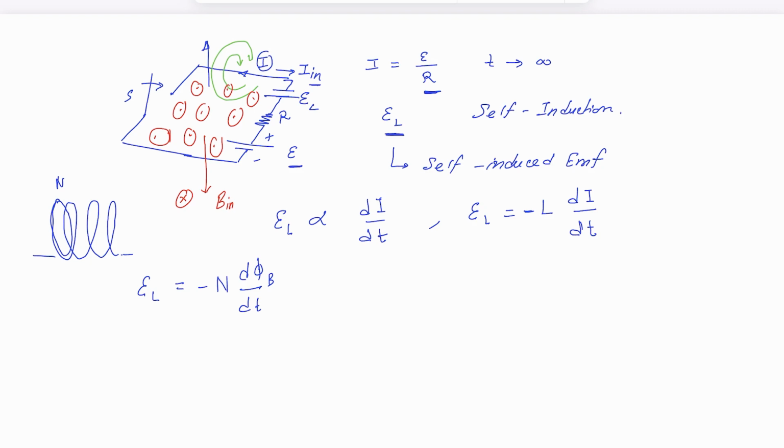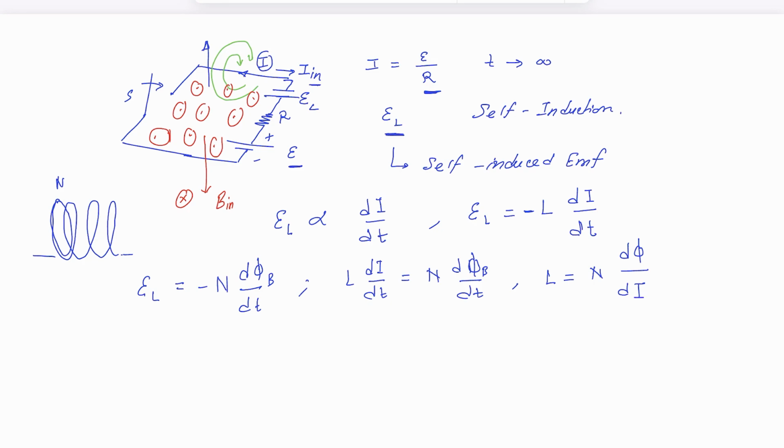Now using these two equations, you can see that L di over dt is equal to N d phi over dt, or L equals N times d phi over di.